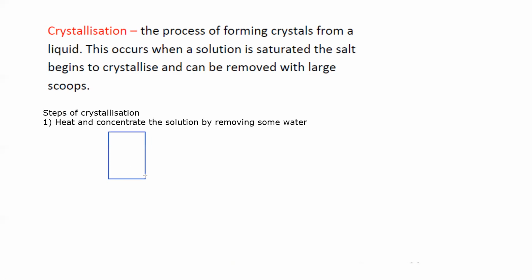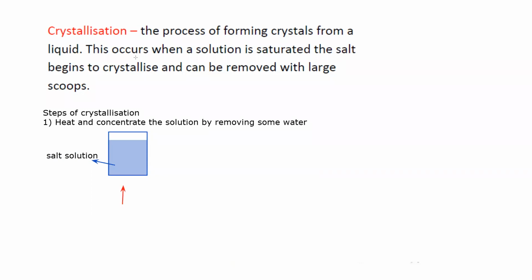For example, you have a container that is filled with a salt solution. There is a dissolved salt, or the salt is dissolved. So this is a container which is filled with a salt solution. Now the first step, we heat and concentrate.